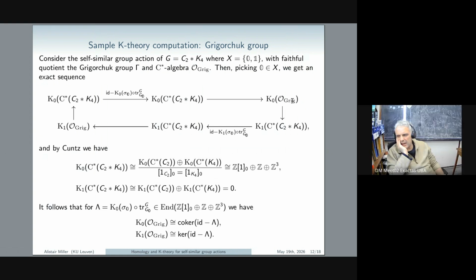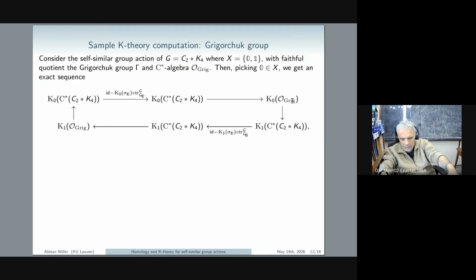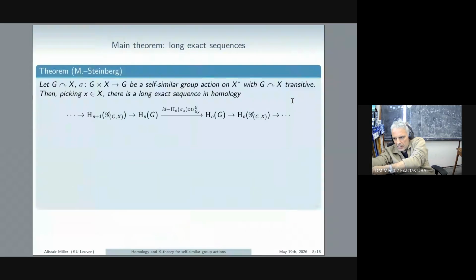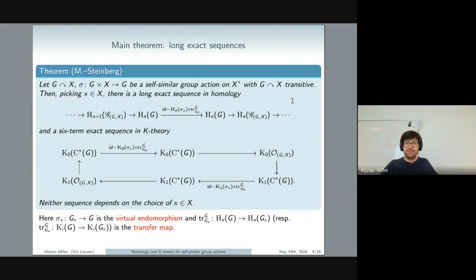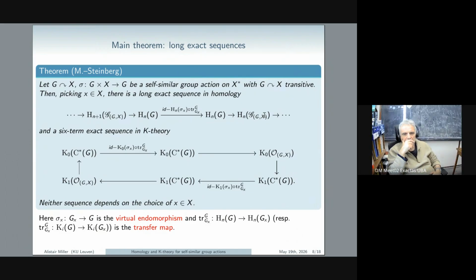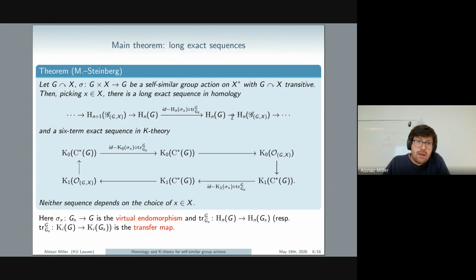I think in the beginning you did write a sequence relating the two things. We didn't check it. It was the K-theory of the group, or maybe it was homology, and then that of the group. Yes, this one. The thing is that this is the natural exact sequence.